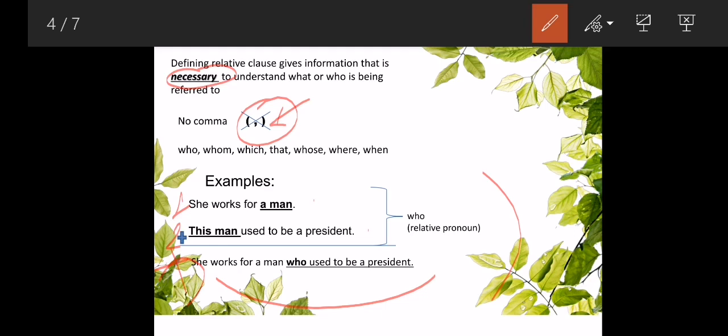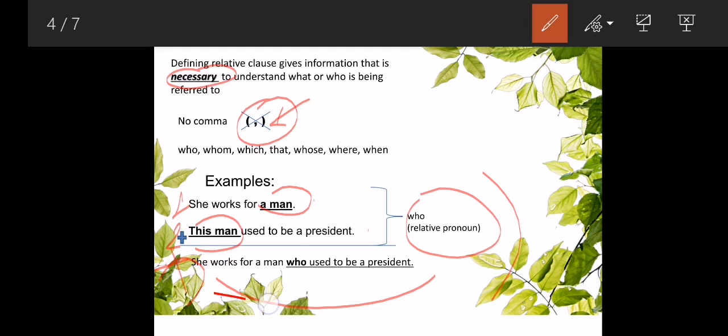So, first of all, we should decide which relative pronoun we will use. We will use the relative pronoun who. Why should we use who? Because of the word man. We use who for people, so man is a person, right?